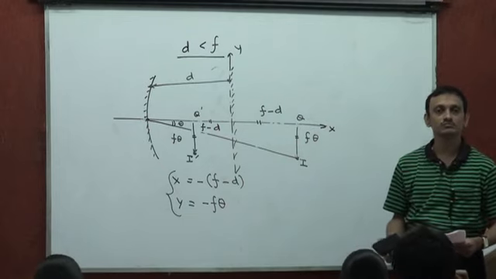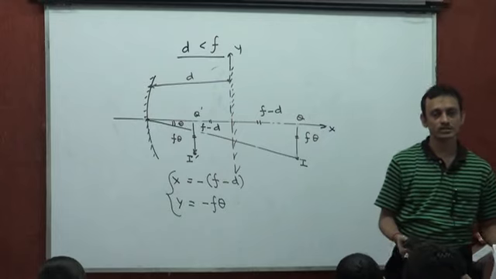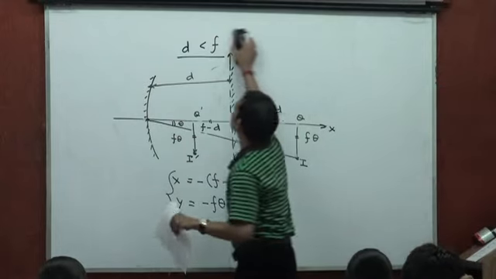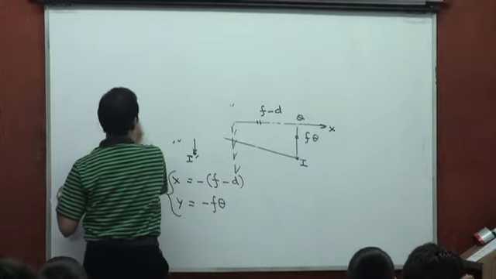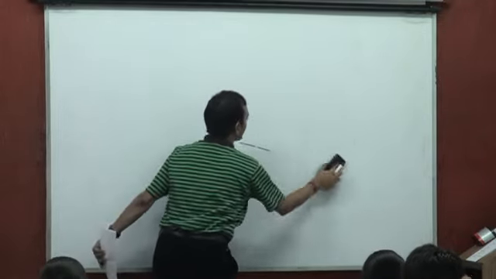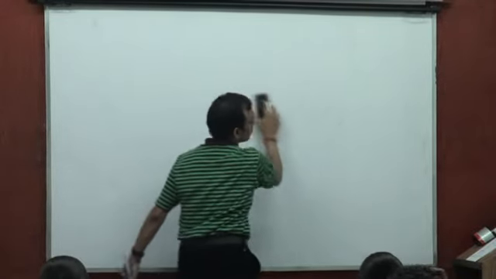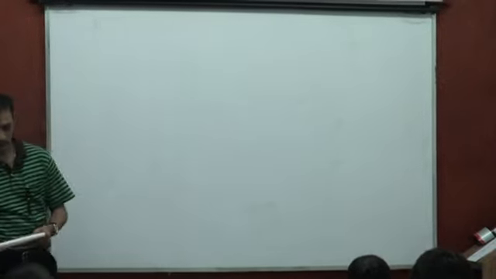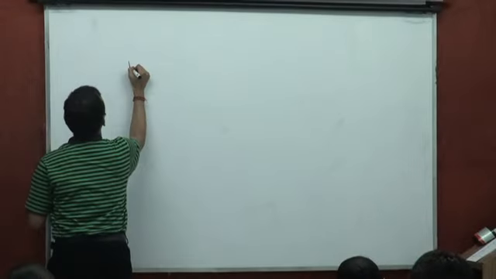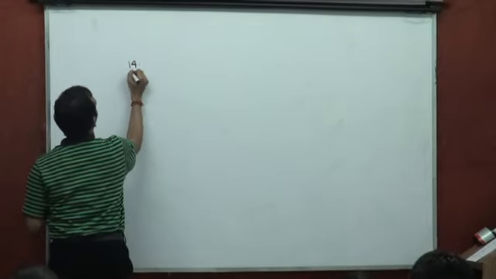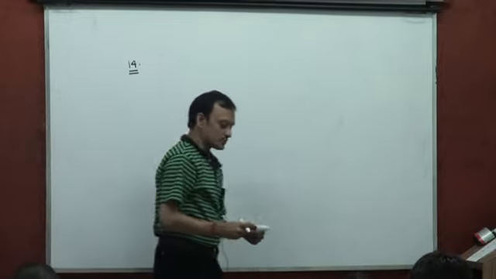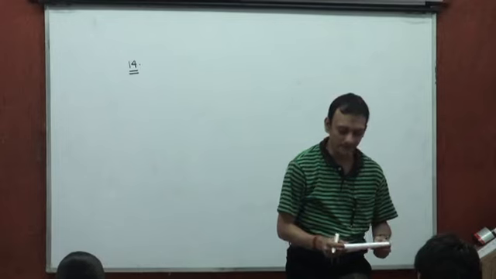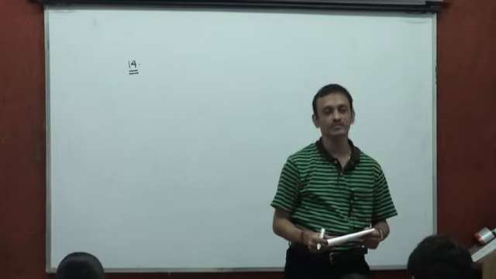So let's look at problem 14. The distance between an object and its doubly magnified image by a concave mirror.